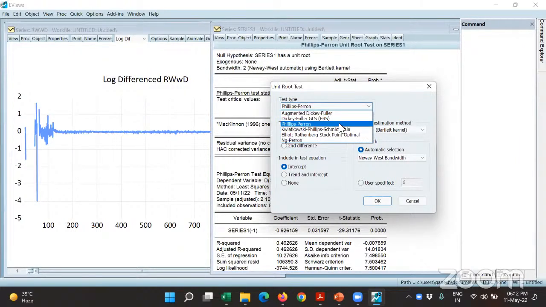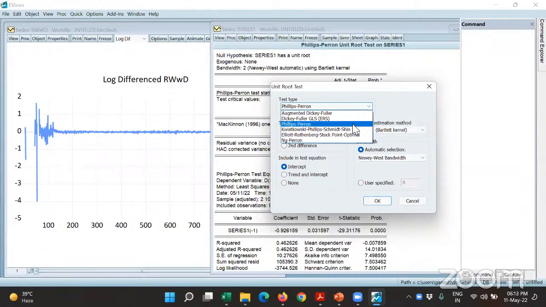There is no point in reporting all of them. The choice should depend upon whether you recognize the presence or absence of serial correlation in your data set, or heteroskedasticity in your data set. Those should be the factors considered for the choice of the test itself. So if you are clear about that, only report those tests which are confirmed.